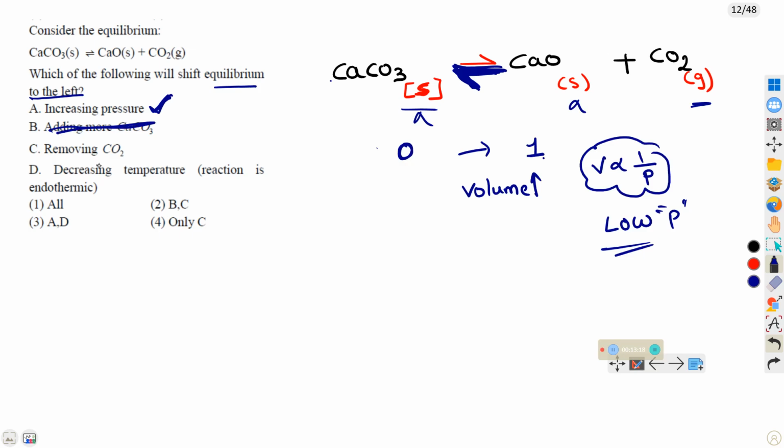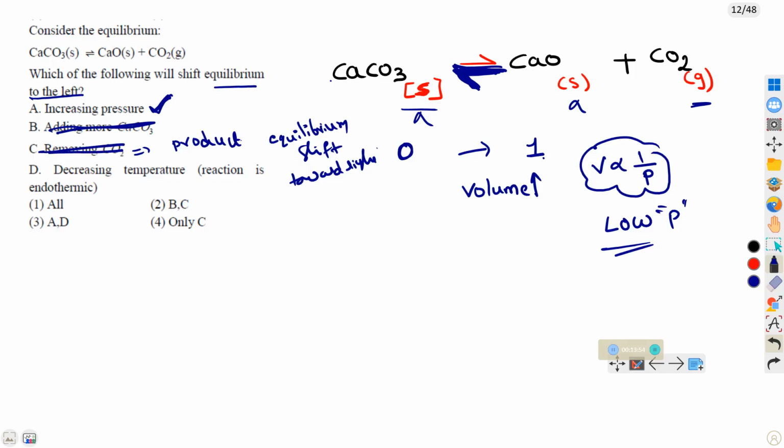Removing CO2 means removing product. Products decrease, then equilibrium shifts towards the right side. So remove this option also.